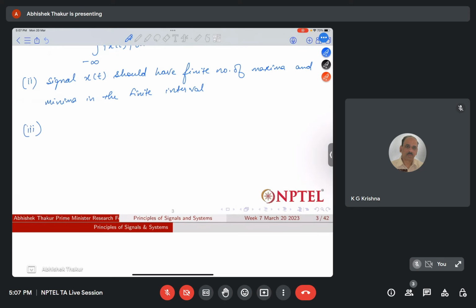And it should have a finite number of discontinuities, and all the discontinuities should be of finite size. Wherever it is discontinuous, the jump should not be infinite. So it should have a finite number of finite size discontinuities.